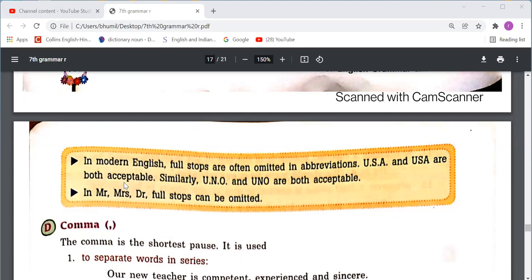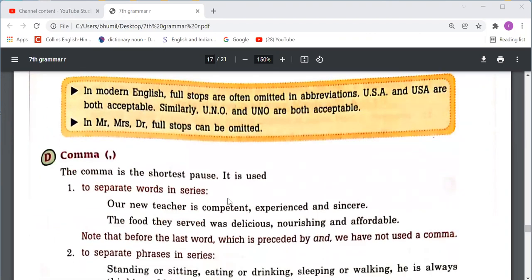Both are right. We can say U.S.A. with full stops, and we can directly also say USA without full stops. So both are right. In Mr., Mrs., Dr., the full stop can be omitted. Meaning we can omit, leave out the full stop when we write short forms, abbreviations, right?